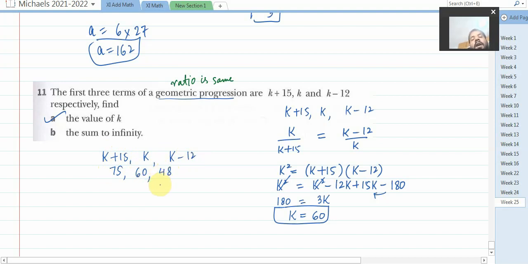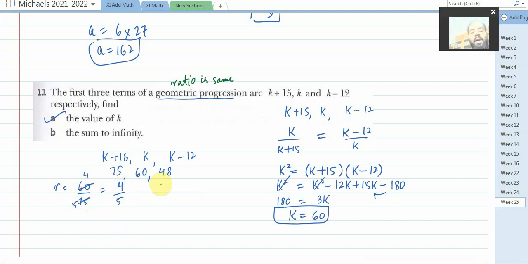When you have these three values, obviously you can find the value of r, which is 60 divided by 75. So 15 fours are 60 and 15 fives are 75. The value of r is 4 divided by 5. Once you have the value of r, you need to apply the working formula to find the sum to infinity, which is very simple, a divided by 1 minus r.